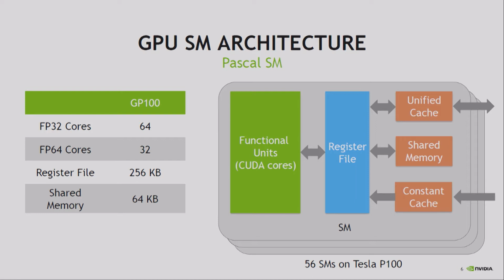Pascal is very similar to Maxwell, but it has more balanced double precision, single precision. On Pascal, we actually have 64 FP32 cores, and then 32 FP64 cores. So the throughput of double precision ops is just half of the single precision floating point ops.